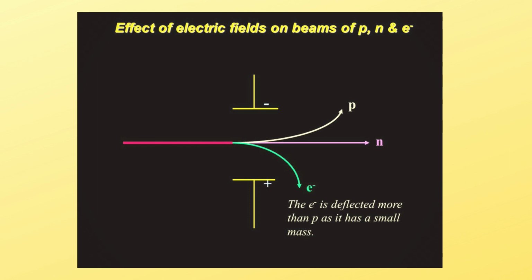Neutrons are traveling in a straight line. As you can see, no deflection at all because neutron has no charge. But the proton and electrons get deflected. The electron is deflected more than proton as it has a smaller mass than proton. That's why, the lighter the mass, the more it can deflect. Heavier, deflection will be lesser. That's what's shown in the picture.